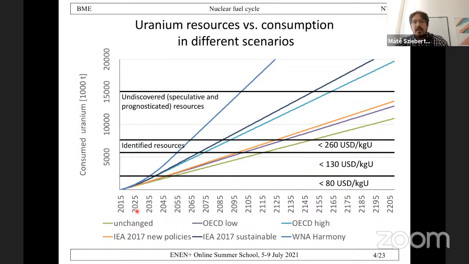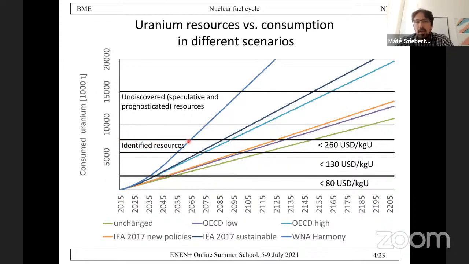An important question is how much uranium we have. On this slide, I noted with this line the different levels of uranium assets. What we practically call uranium assets are the so-called identified resources.